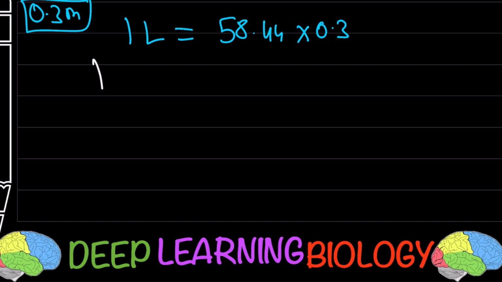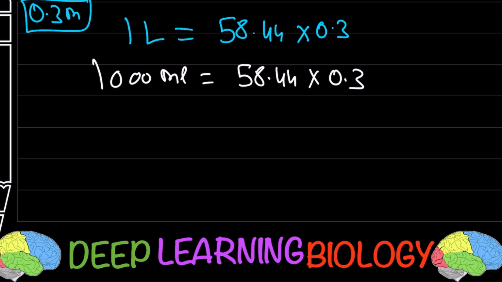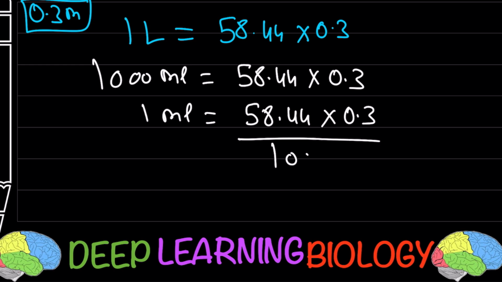And here you can see in 1 liter you have 1000 ml. So 58.44 into 0.3 for 1000 ml. To prepare 1 ml, it is 58.44 into 0.3 divided by 1000, and in the question we have to prepare 200 ml.